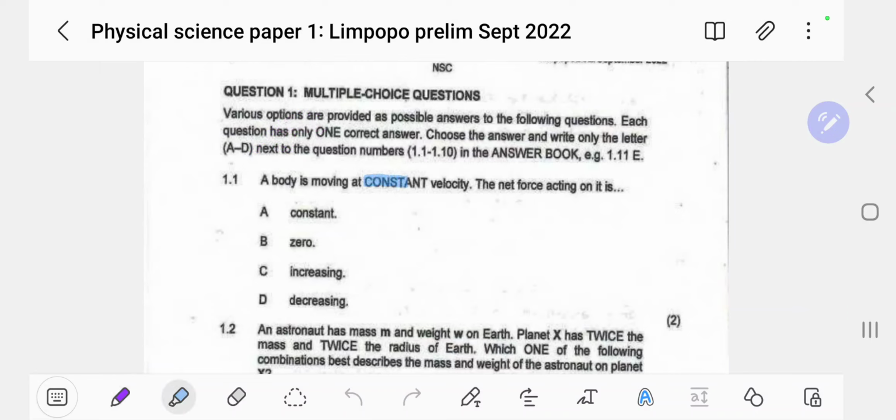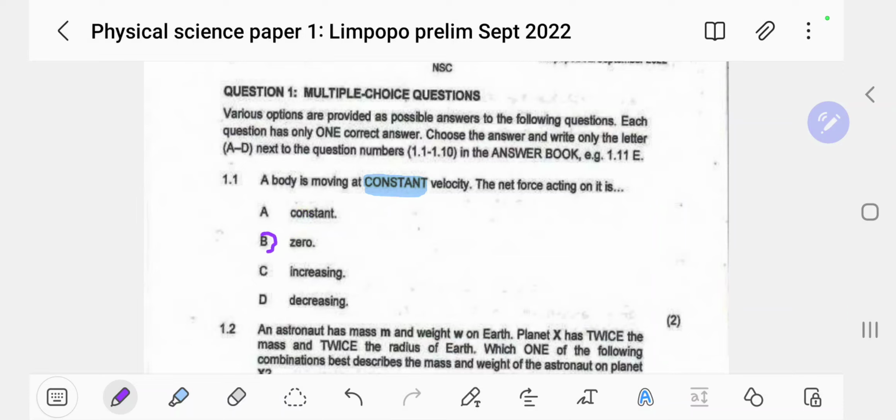So these are some of the words that you're already familiar with. So constant velocity. Now remember, that is already a keyword. What does it tell us about the motion of this object? It means it has a zero acceleration and a net force of 0. So the net force acting on it is definitely 0.